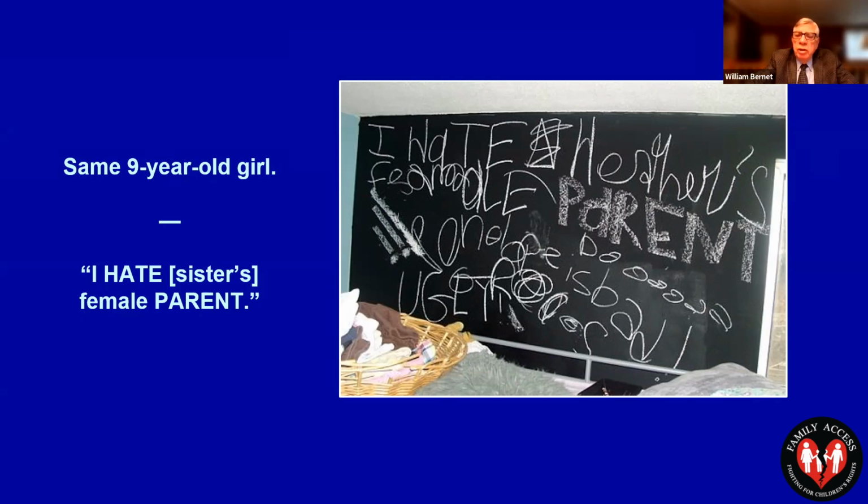And if it's correct that this is at the beginning of a parental alienation process, what's going on in the child's mind is that she's starting to get polarized, or she's starting to engage in splitting, which is the mental state that characterizes parental alienation, especially in more severe cases. And in splitting, the child is saying one parent is good and the other parent is bad. And in her mind, she's starting to gravitate to that.